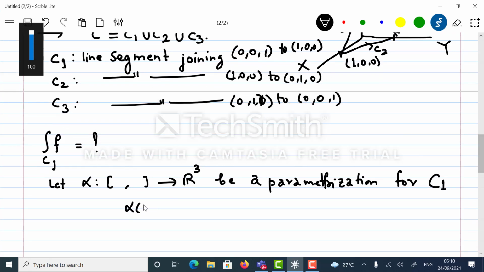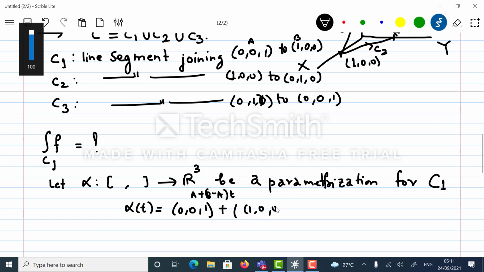How is alpha t defined? We know the formula for a line joining 2 points: 0, 0, 1 plus, the formula is a plus b minus a times t. Suppose this is my a, this is my b. So 1, 0, 0 minus 0, 0, 1 times t.